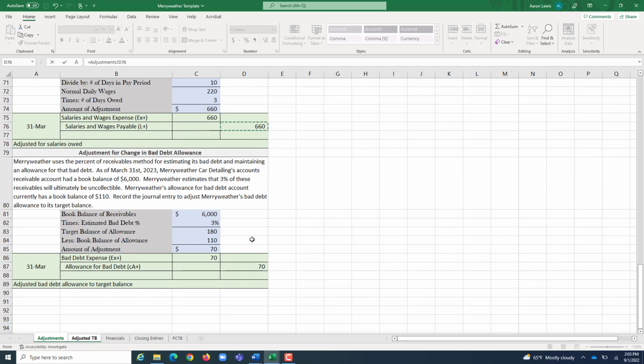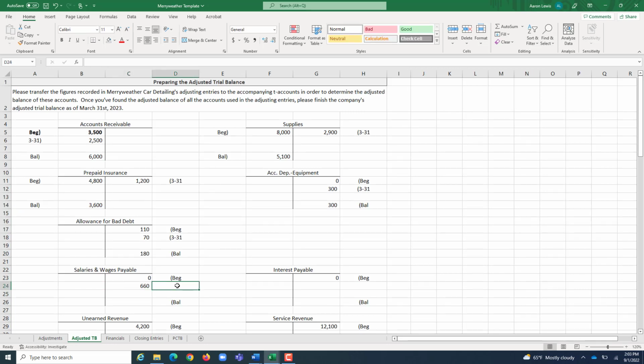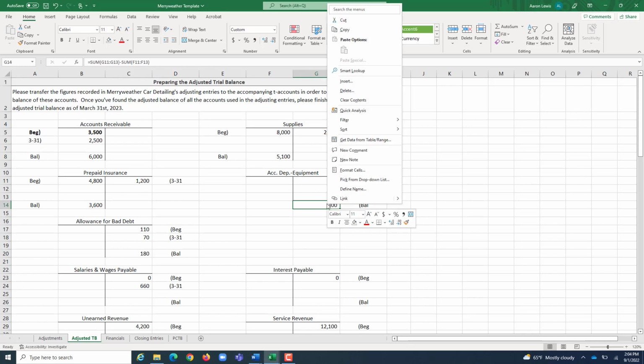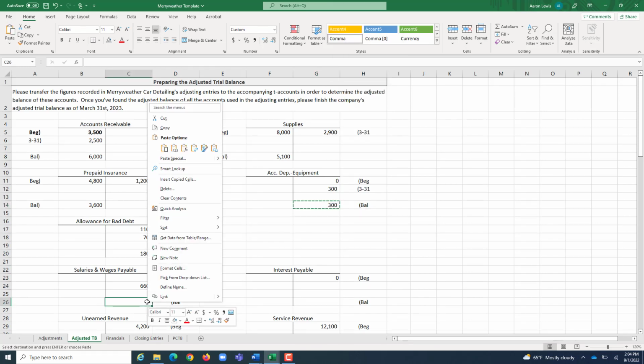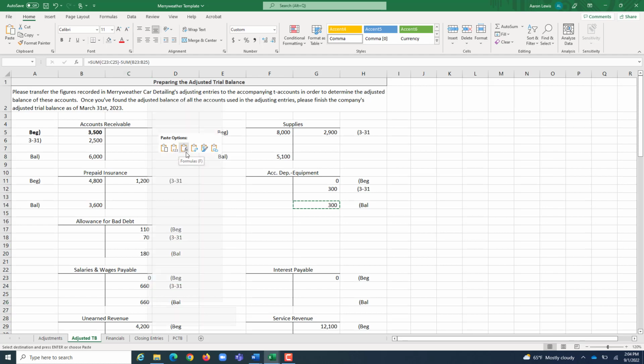We credited salaries and wages payable for $660 on March 31st. Since that is a credit balance account, like all liabilities, we can copy our formula for a credit balance account, which we just had over here, and paste using the formula paste function. We have a $660 balance in that account now.